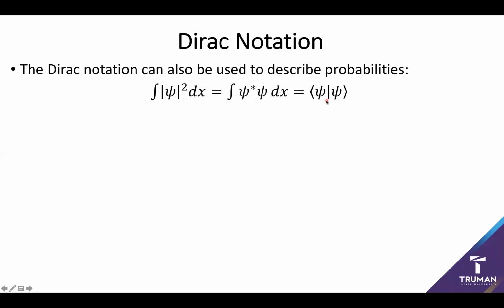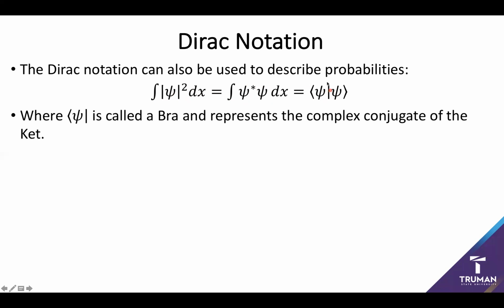This gives us what's called our bra-ket notation, because this first term is called the bra. So bra, ket, bracket. A little bit of a bastardization of the language, but it really is a good way to remember these systems. While the ket represents the function itself, the bra represents the complex conjugate of the function.